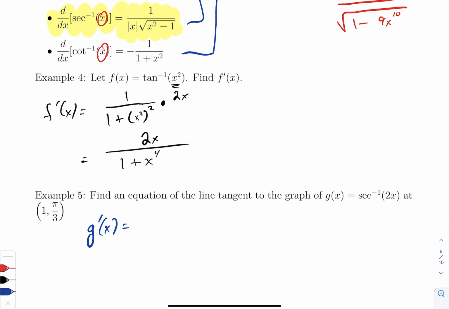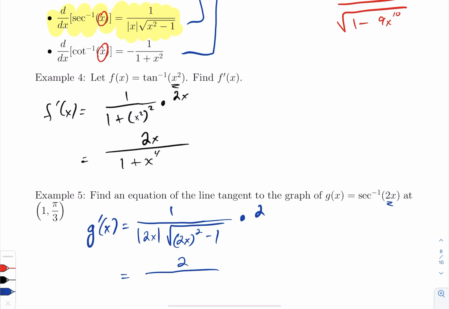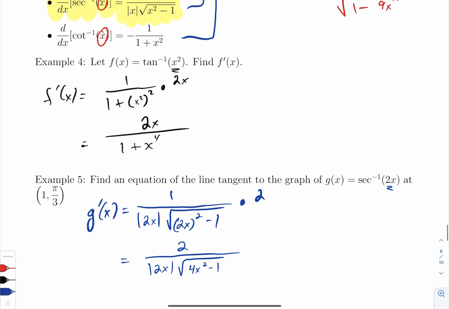So we'll say 1 over the absolute value of the input, so absolute value of 2x times the square root of the input squared minus 1. And then times, we need to take the derivative of that input. So derivative of 2x is 2. So we're left with 2 over the absolute value of 2x, square root of 2x squared is 4x squared minus 1.